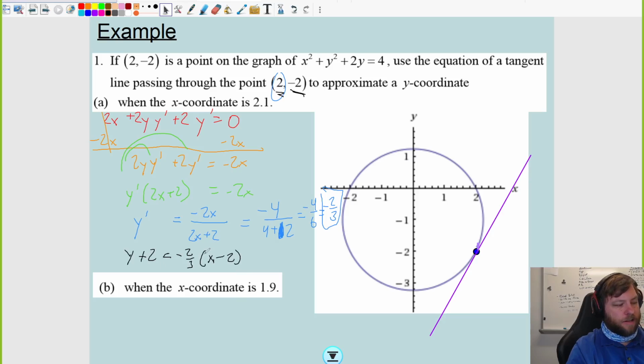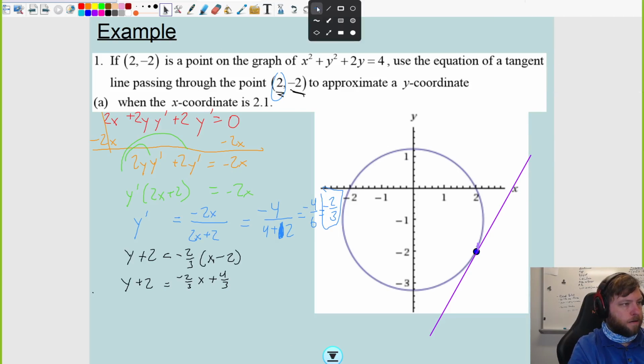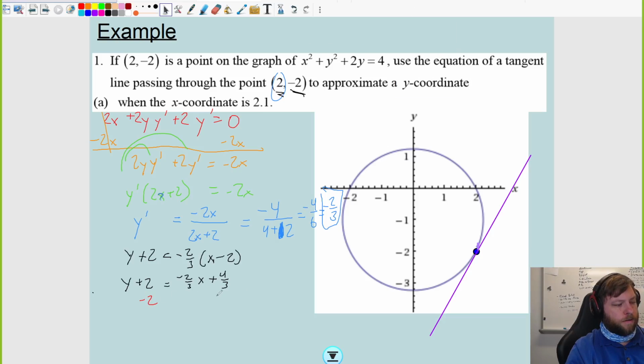I think it's easier to isolate the y for this. I don't even want to do that second part. Skip that. So distribute that: -2/3 x plus 4/3. Subtract that 2 on both sides. 6/3 is 2.